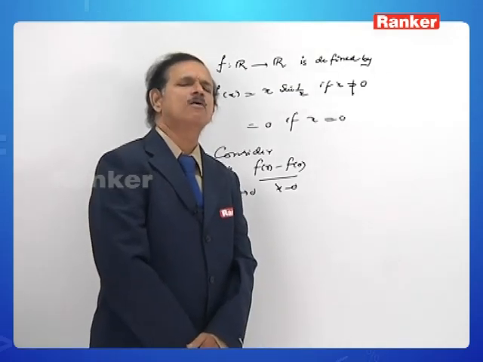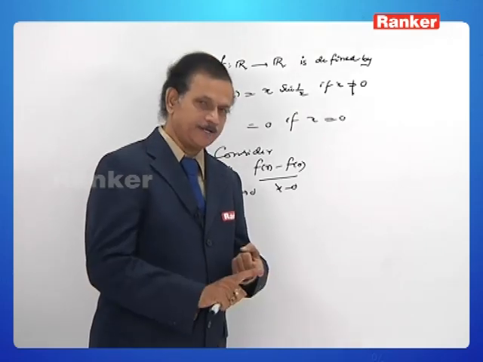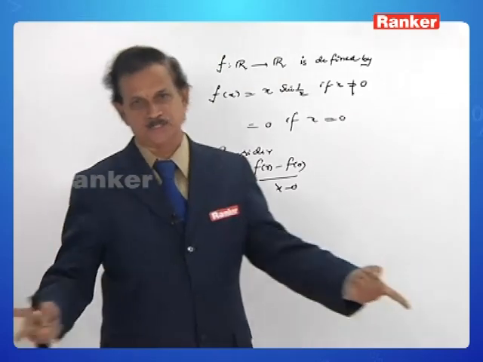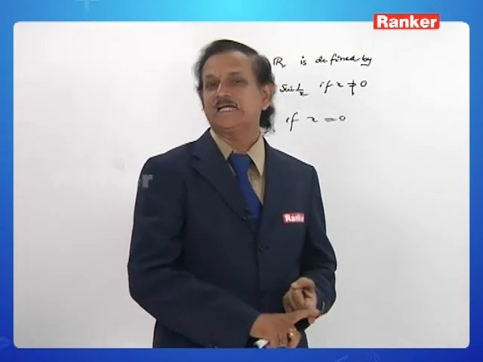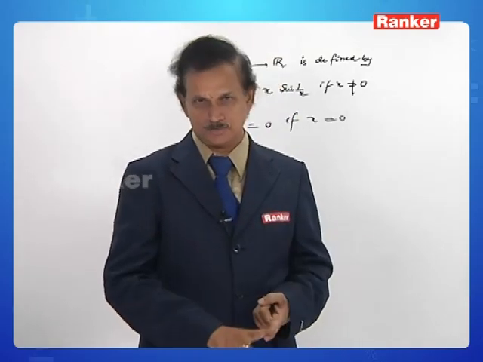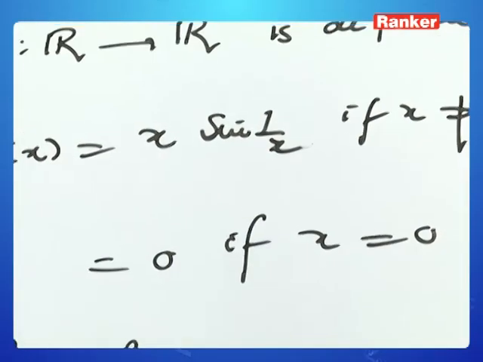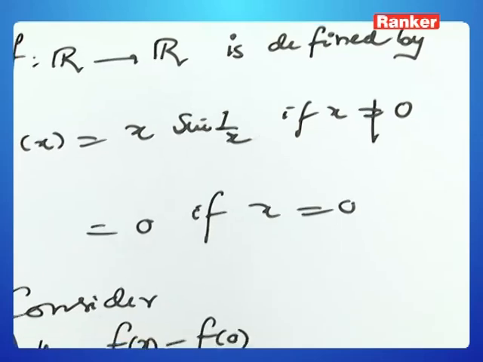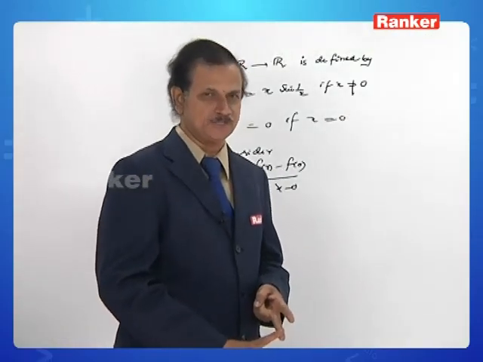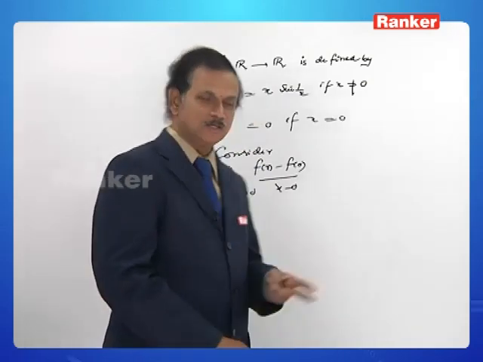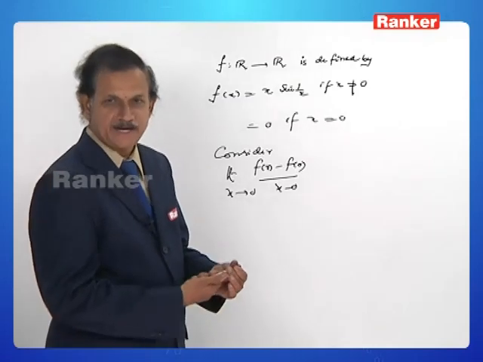Among all the 4 options, he is inquiring about continuity and derivability at x is equal to 0. We have already declared that it is continuous at x equal to 0. It is now our duty to test whether the given function is derivable at x equal to 0 or not. For that purpose, we need to find f dash 0. What is f dash 0? Is it not this limit? We are now trying to find it.